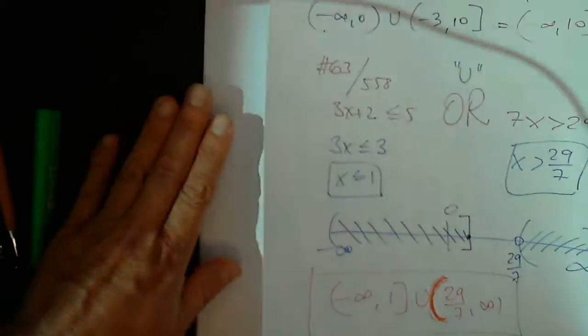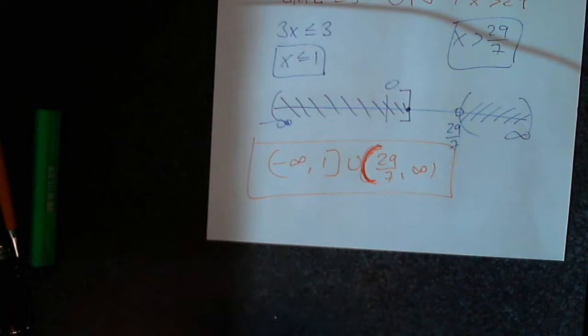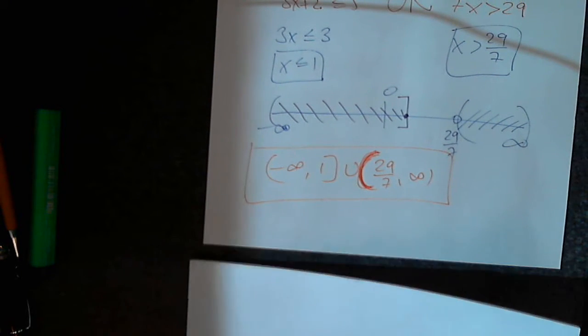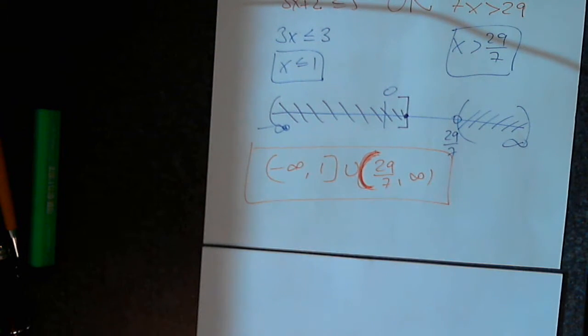And I will try to show you every step of the way why we're doing what we're doing. And you could say, really? Where will I see in life compound inequalities? Come on. Well, here's an example right here, on page 559. Well, maybe I should practice more.